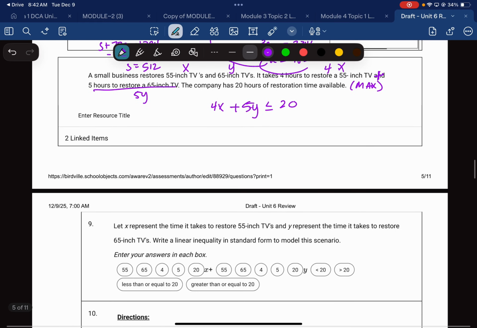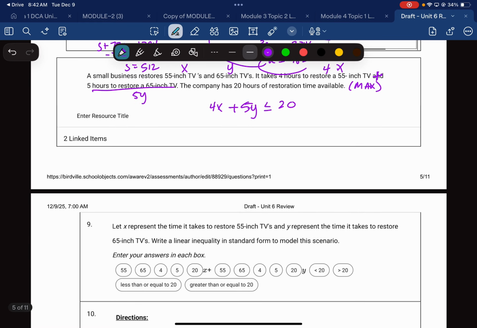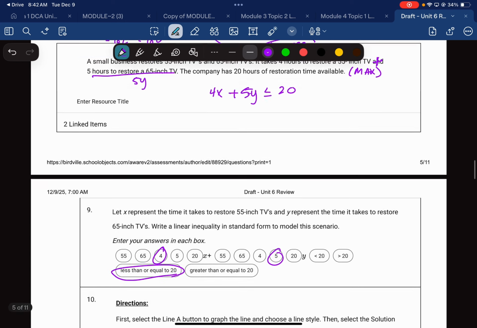All right, so there's my equation. So then how do we do this? It'll be 4X plus 5Y is going to be less than or equal to 20.